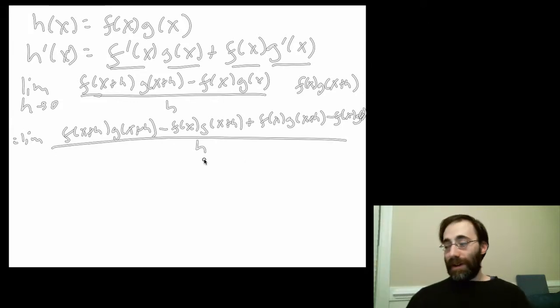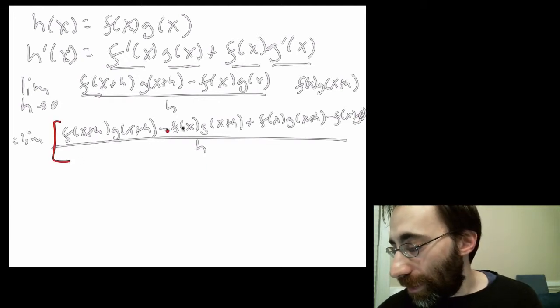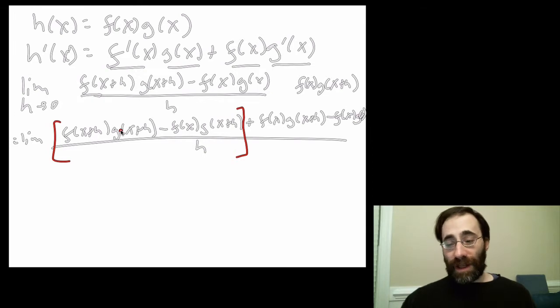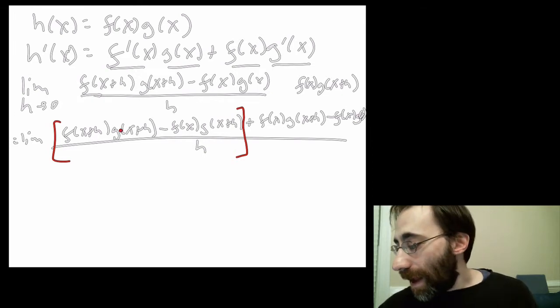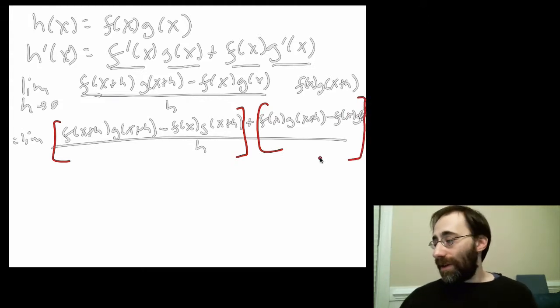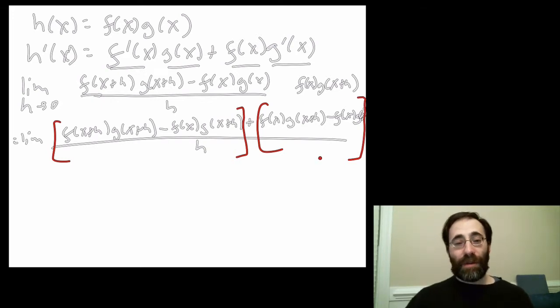Okay. So what do we got here? Well, we have a bunch of terms, but let's group them a little bit. These two terms have a common factor g of x plus h, and these two terms over here have a common factor f of x. So let's pull those out. Now remember, the limit of the product is the product of the limits.